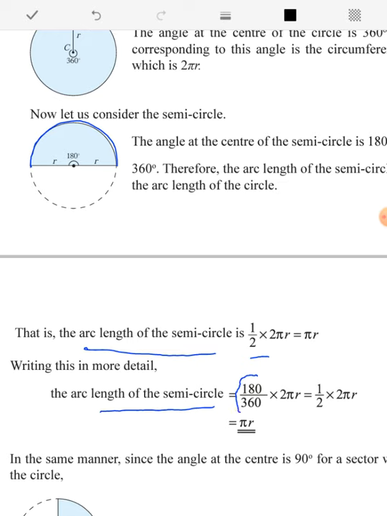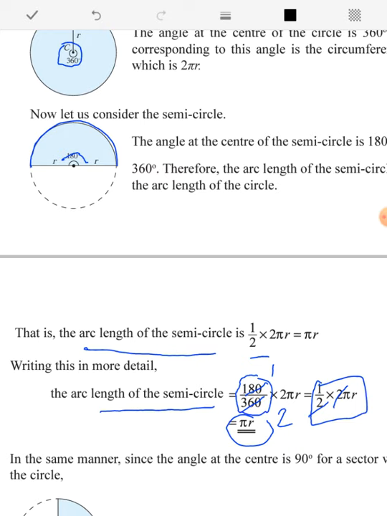You can write a fraction here, the proportion of these two angles: the angle of the semicircle and the total angle of a whole circle. If you solve this, you would get half, half times 2 pi r. So 2 and 2 cancel out, and you would get pi r.